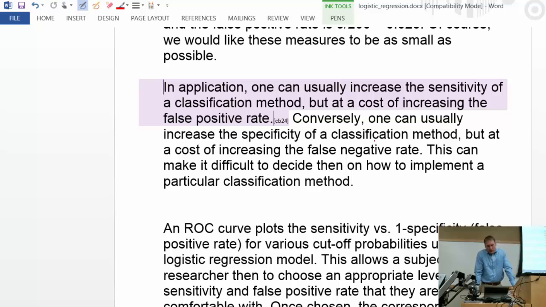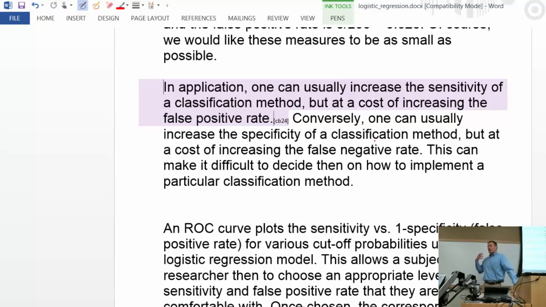So what almost always happens in application is that you get to a point where you'd like to be able to increase your sensitivity, if that is the most important thing for you for classification.